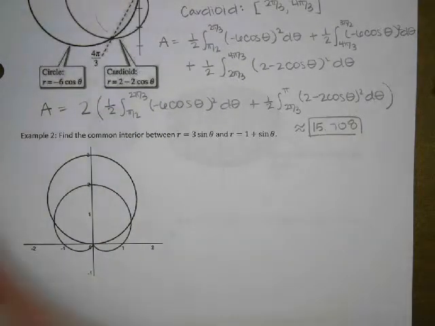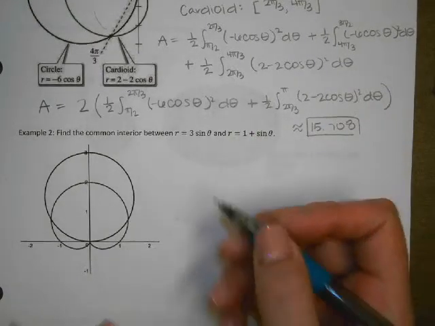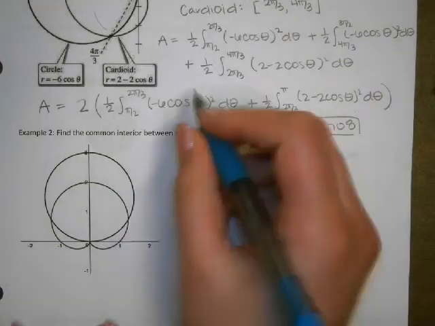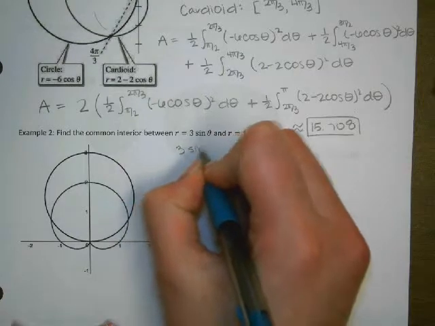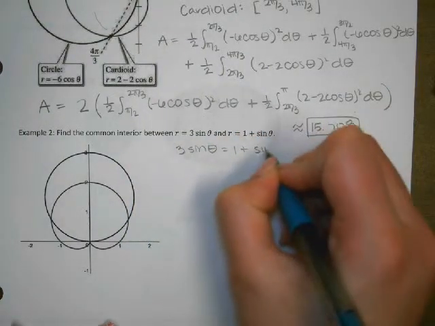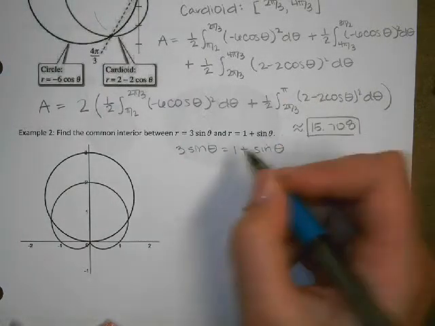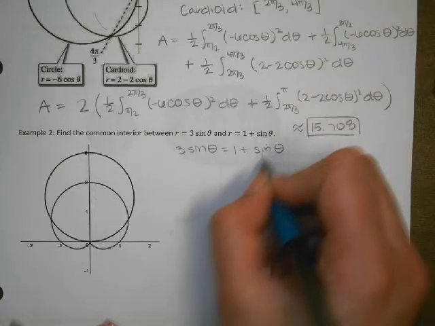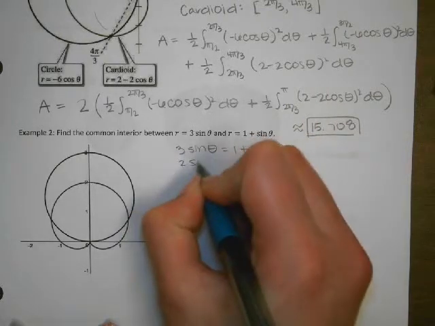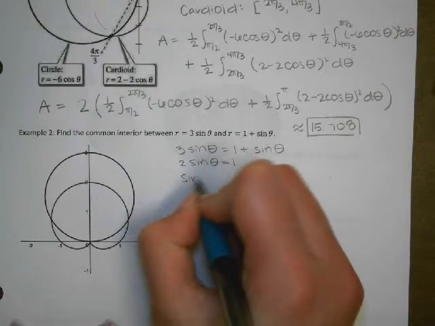And so let's go ahead and set them equal to each other. This is going to be very similar to the problem we just did because we have the same two shapes. Of course, they're not always going to be a circle and a cardioid. It's going to switch, but all right, so I'll subtract the sine to the other side and divide the 2 over.